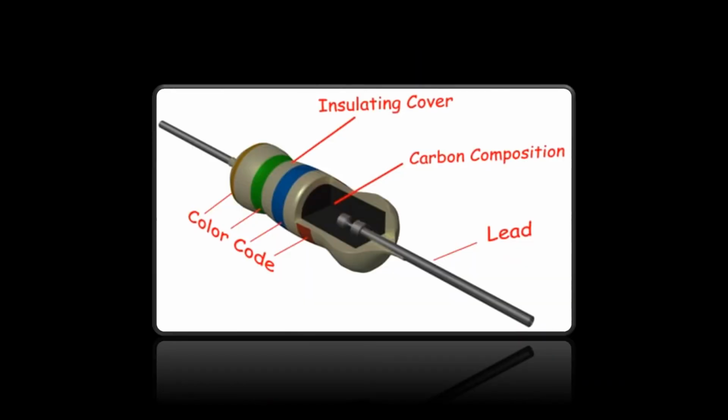Carbon resistors are mainly composed of carbon powder. Carbon composition is the material which offers the required resistance, and it is housed in some ceramic material, as shown here, some insulating cover. Then you have metal connectors on two sides, with which we can connect the resistor to any other component, or mount it on our circuit.